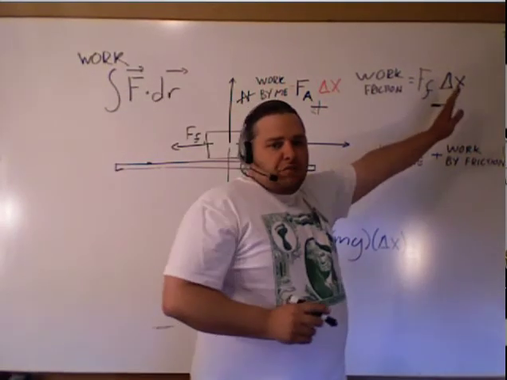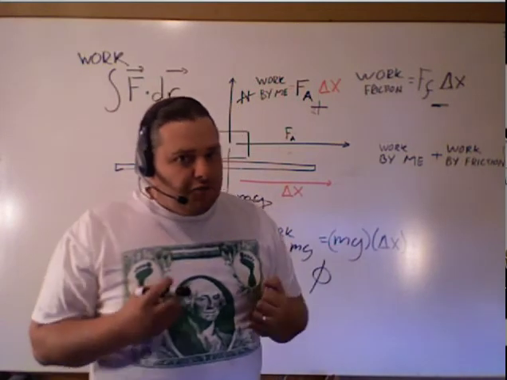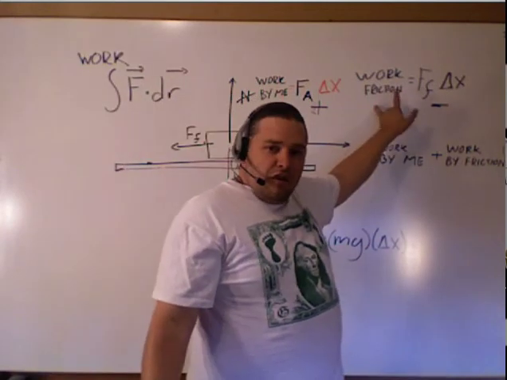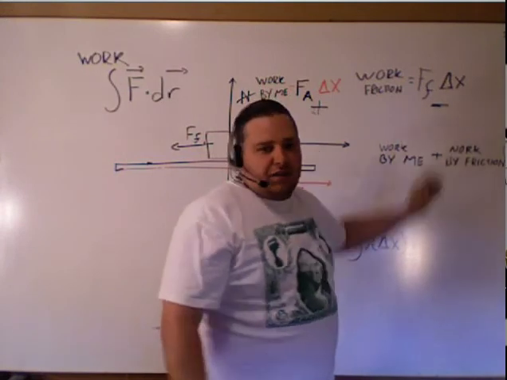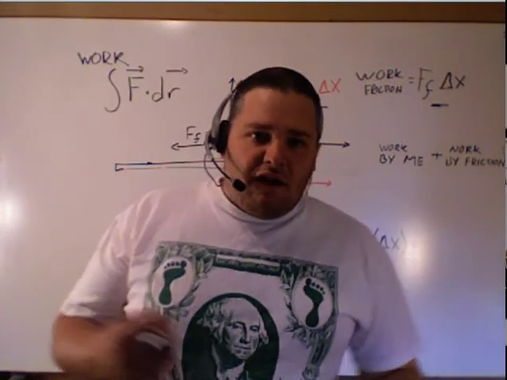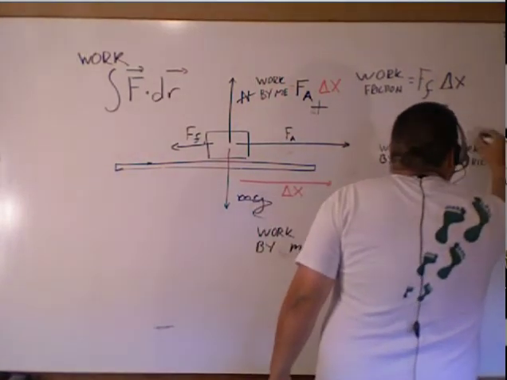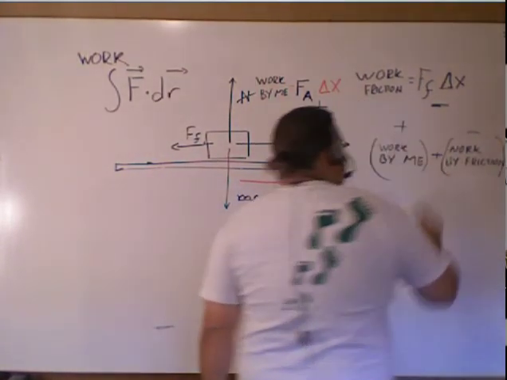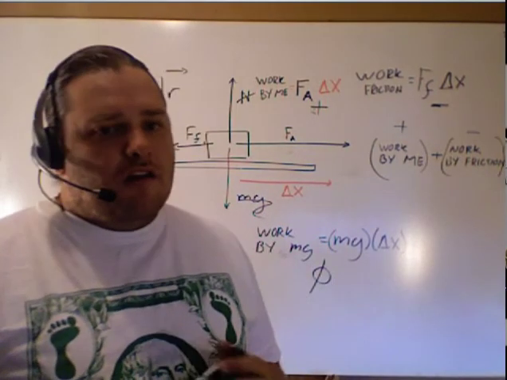So all of this work and all of this work, add that together and you get the total work. Be careful: this is a negative value. So this positive plus this negative, I'm actually going to be subtracting the work from friction, because this right here is negative and this is positive. That's how work is actually going to make our lives a lot easier.